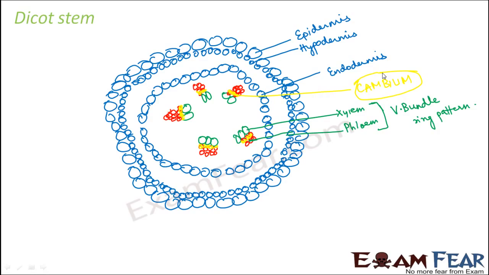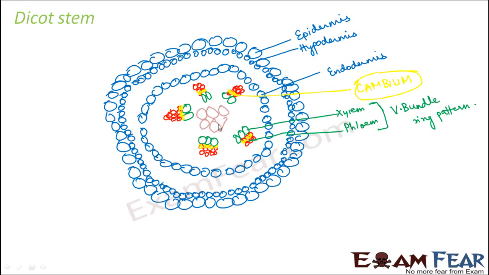Now what happens to all the open spaces present here? You have so much open space inside, right? That open space is filled up by the parenchyma cells, which are used for food storage and support. Now again, what about the pith? That is the central region. The central region is also made up of parenchyma cells. So the pith is made up of parenchyma cells. It will look somewhat like this.